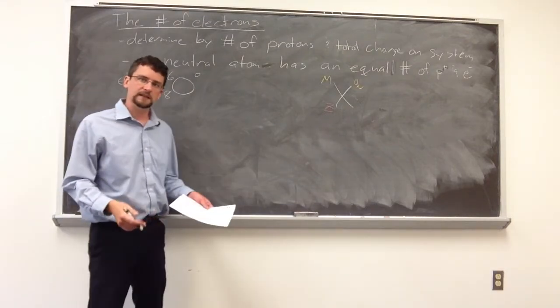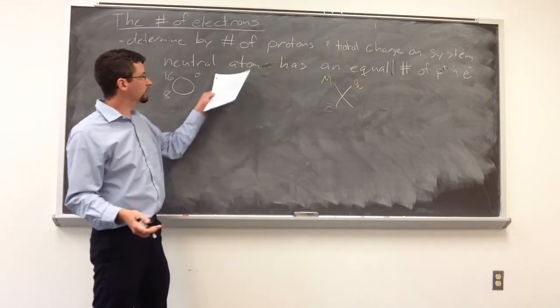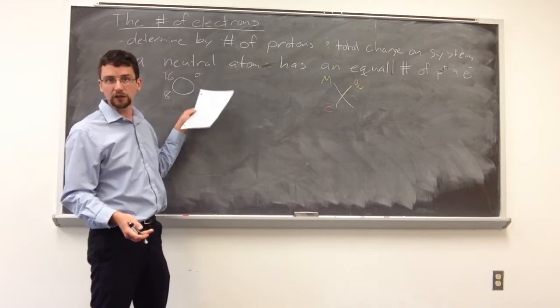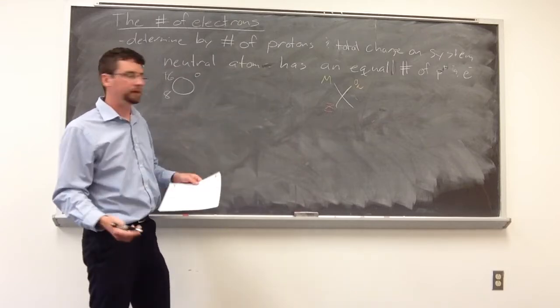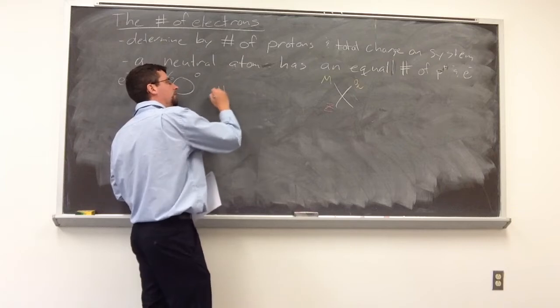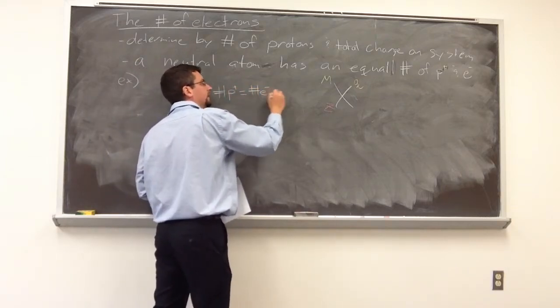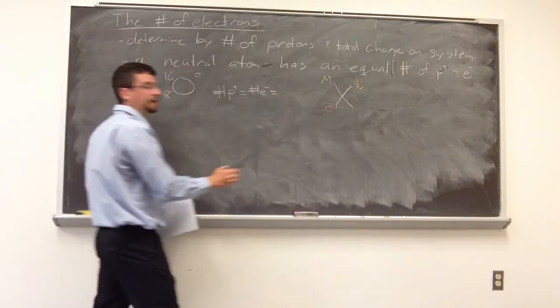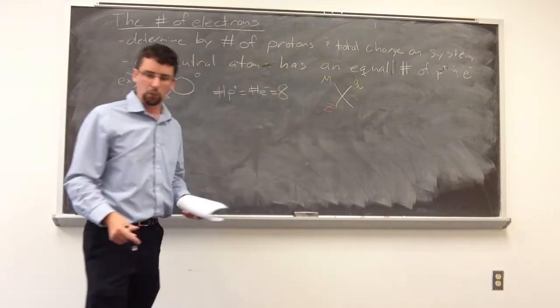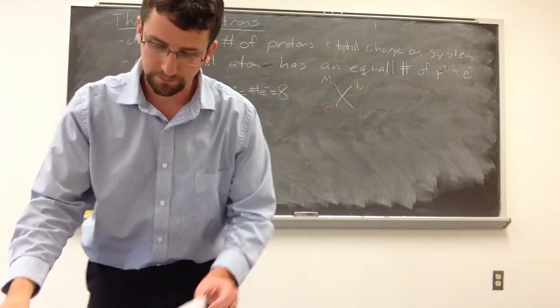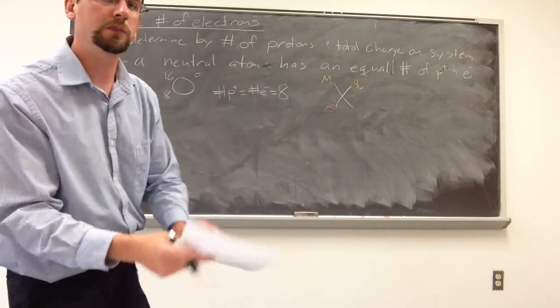Since we have previously discussed that in a neutral system, one that has a charge of 0, the number of protons would be equal to the number of electrons. The number of protons is equal to the number of electrons in this system, which we can easily look and see, okay, that's 8. But what about for a charged species? Let's consider O2 minus.